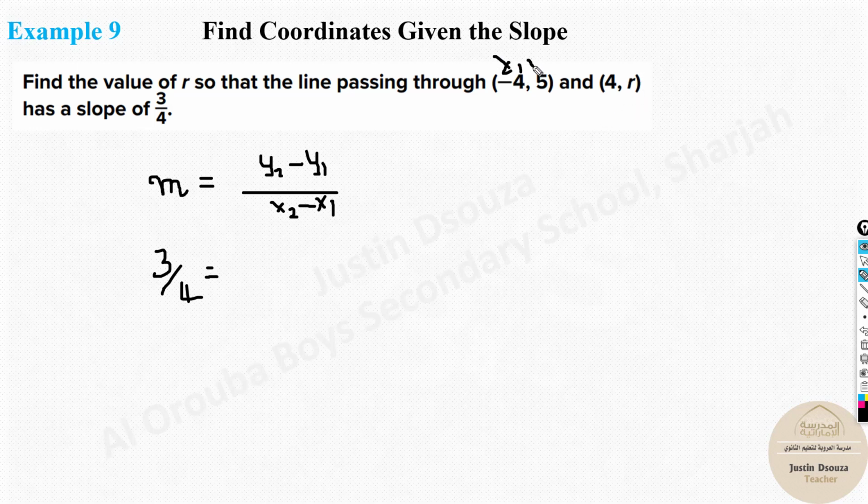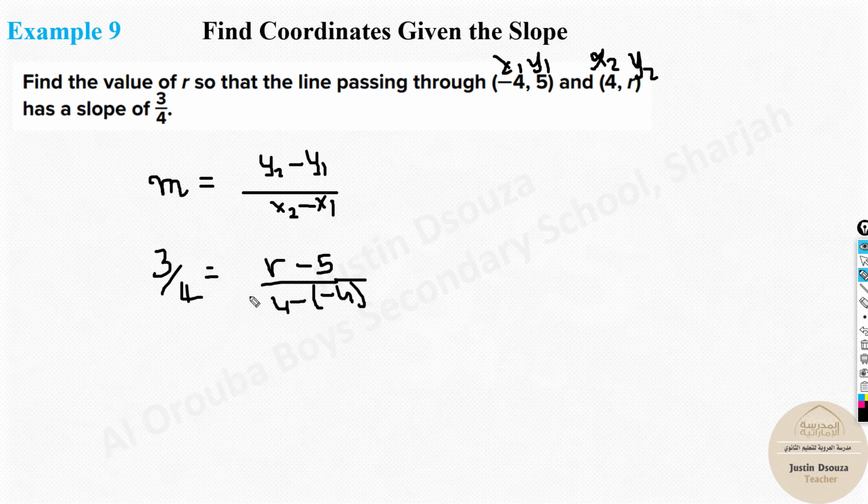See, x1, y1, x2, y2. y2 is unknown, the r value, minus y1 which is 5, divided by x2 which is 4, minus x1 which is minus 4. Now over here you can directly put this in a calculator and get the answer, the short method, but let's see how you can solve this.